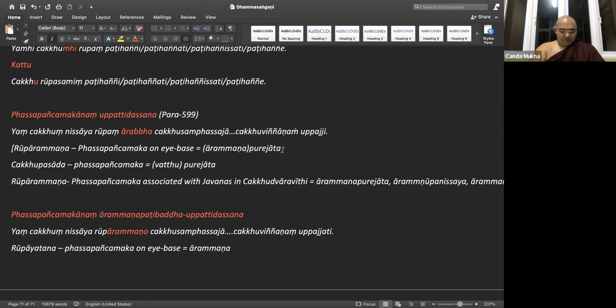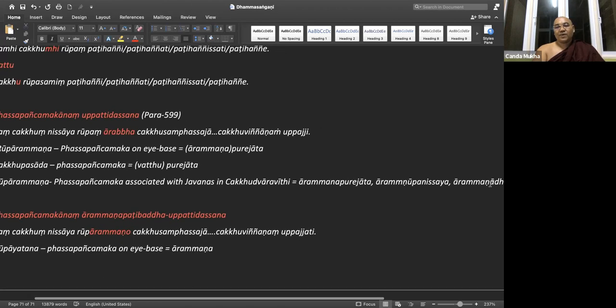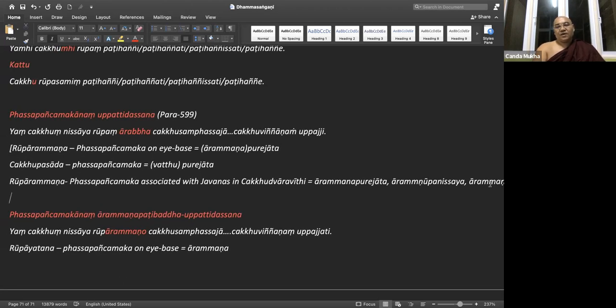So even in this context, maybe only in the idle thought process, but in the Javana's case there can be Aramana Purijata, Aramanadhipati and Aramanupanisaya.